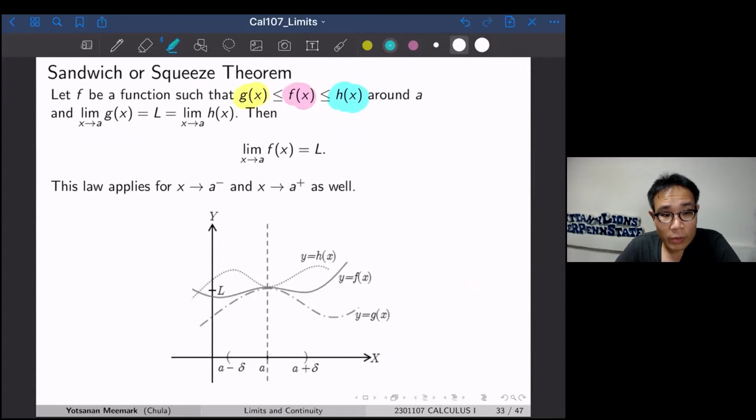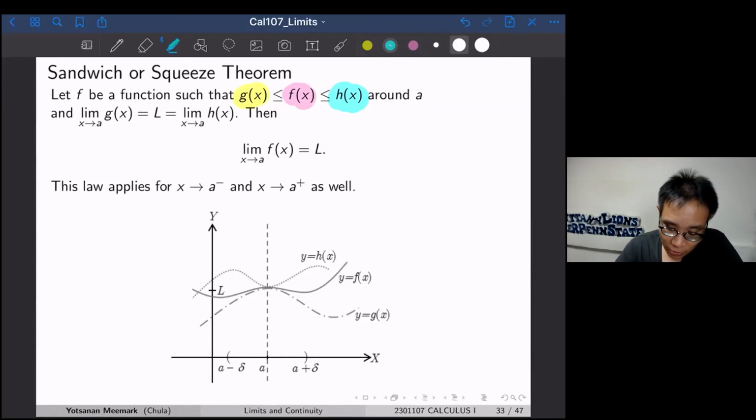If you have the limit as x goes to a of g(x) equal to L and the limit as x goes to a of h(x) equal to L as well, you'll be able to squeeze the limit as x goes to a of f(x) to be equal to L also.